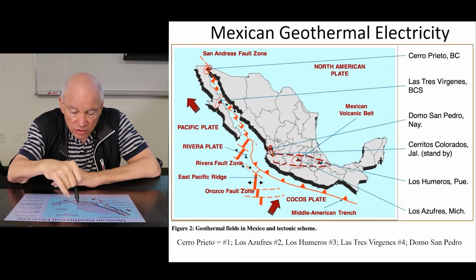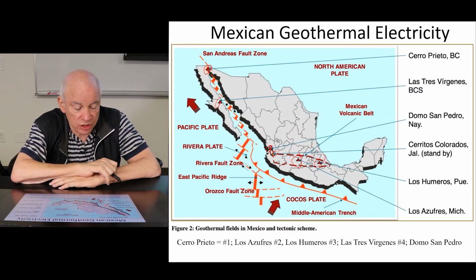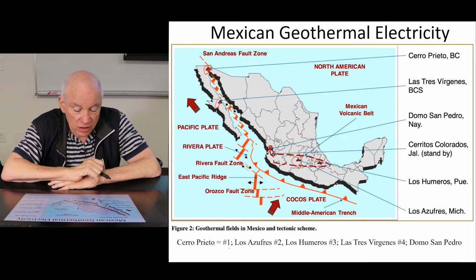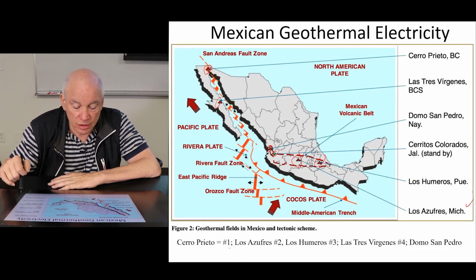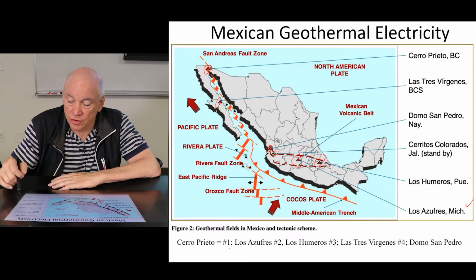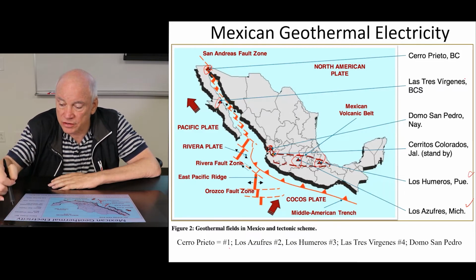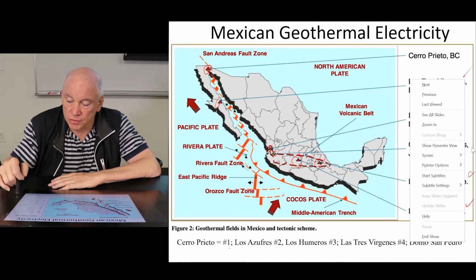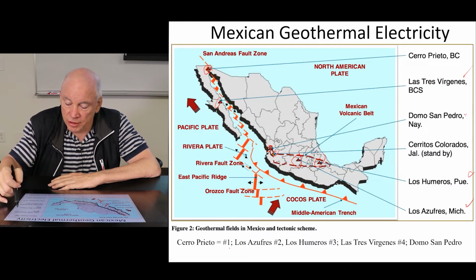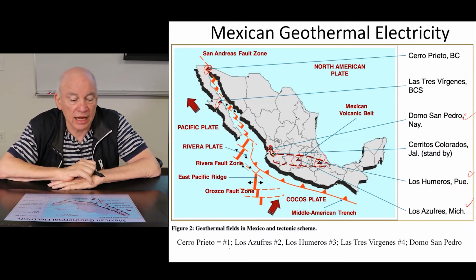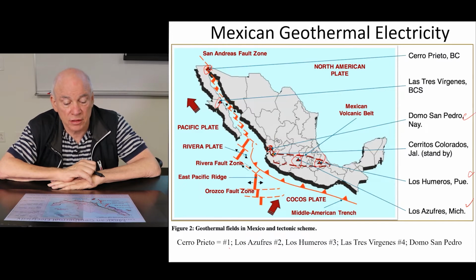There we go. That's Los Humeros. So Cerro Prieto, as we said, is number 1. Los Azufres is number 2. Los Humeros is number 3. Los Tres Vírgenes is number 4. And Domo San Pedro is last in terms of electricity production.